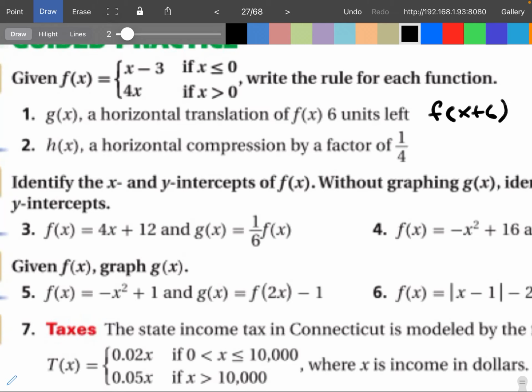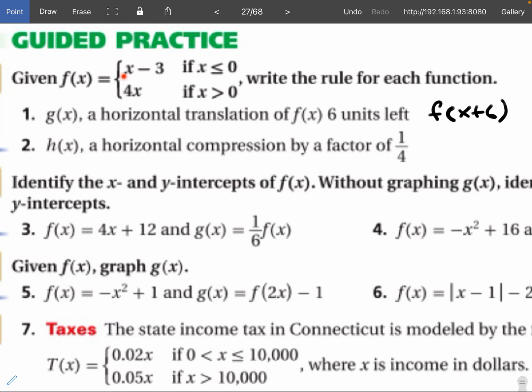The rule for that is going to be f of x plus 6. That means it's inside the parentheses, so you got to plug x plus 6 in for every x, and in the domains. And then simplify.